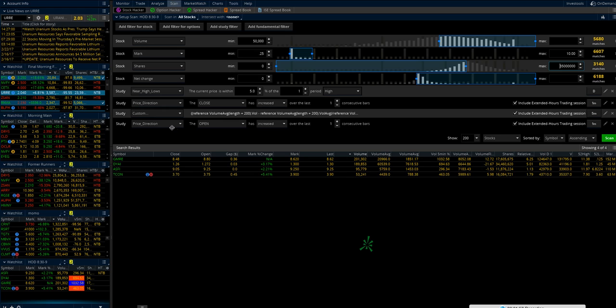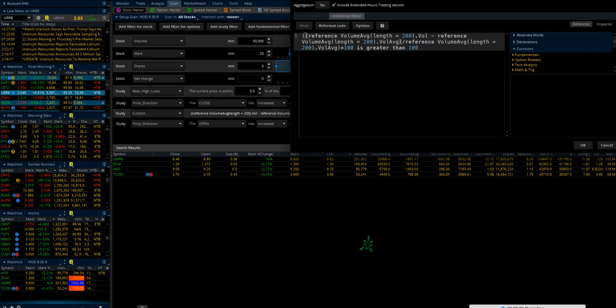And then here, let's do this one. Price direction, the open has increased over the last one bar. I use a 1 minute for that. And then here's the custom that I wrote. Basically, you take the volume average of 200 days, and that is the volume scale.